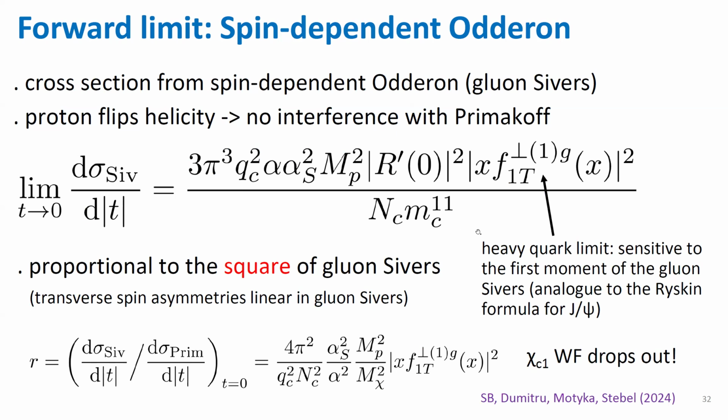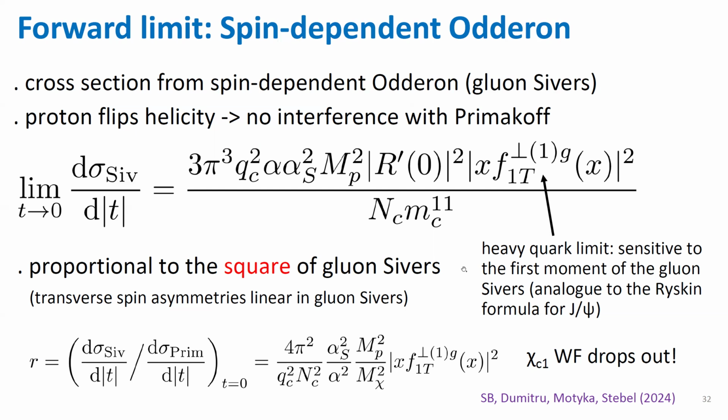Now you can make the same exercise and compute the Sivers cross-section, and here I'm showing the heavy quark limit of this result because I think it's very illustrative. It is proportional to the gluon-Sivers function squared. Actually, what comes out here is the first moment of the gluon-Sivers function, or this is connected to the tri-gluon Qiu-Sterman correlations.